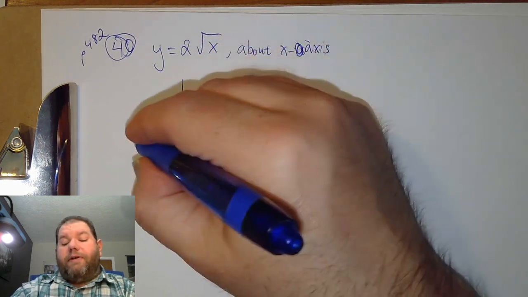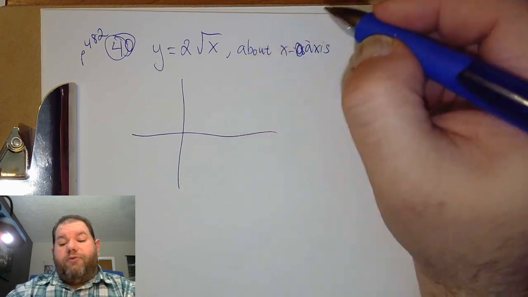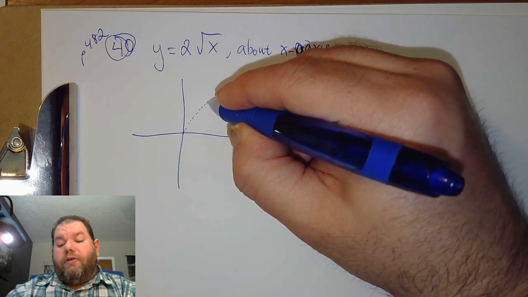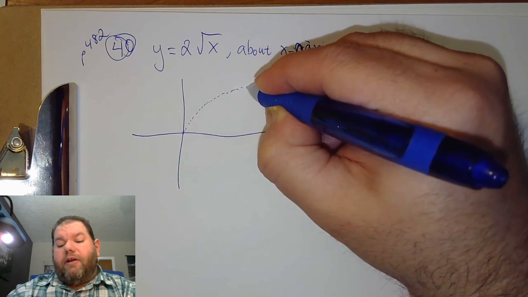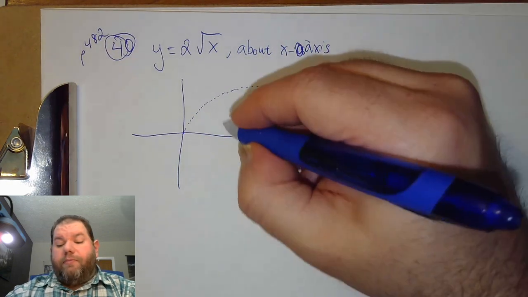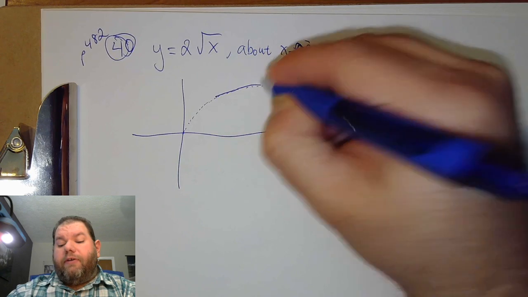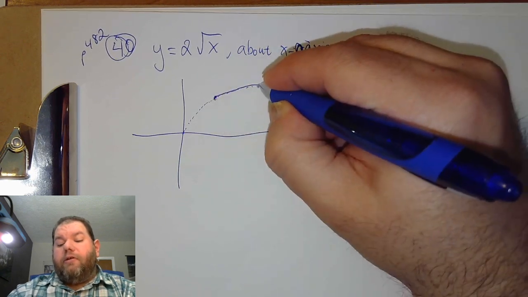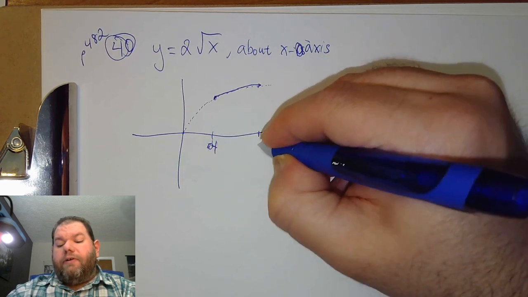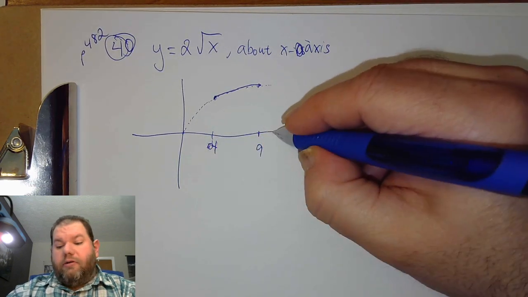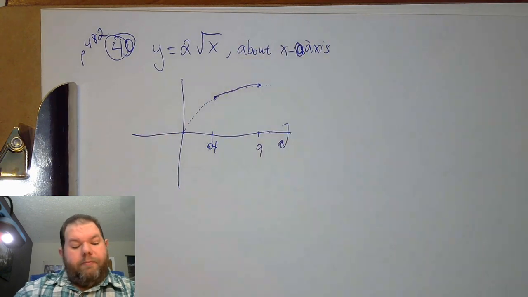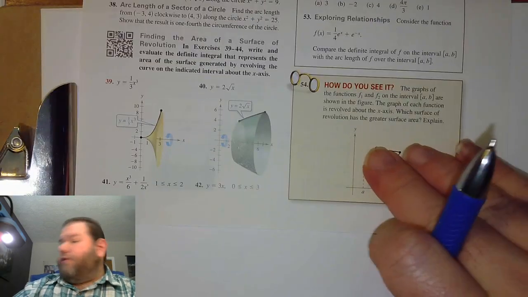Now, the book actually provides a graph for this, because we don't actually want the whole thing. You think of the graph for y equals 2 square root of x, this is kind of half parabola that goes up and over to the right from the origin. Now the book only wants a specific part of that, which appears to go from 4 to 9. And you can see the graph here in the textbook.